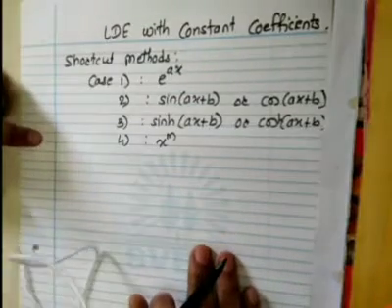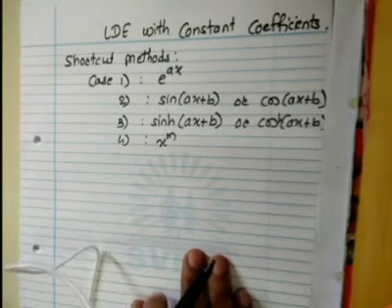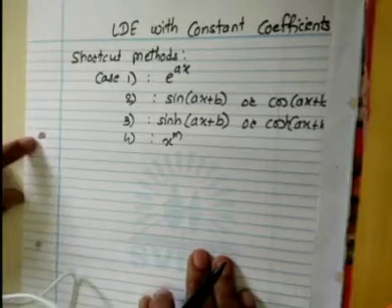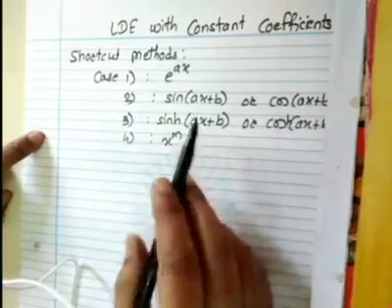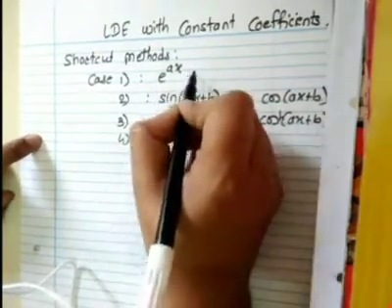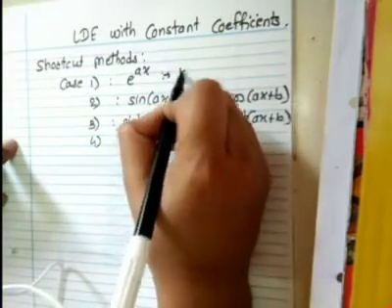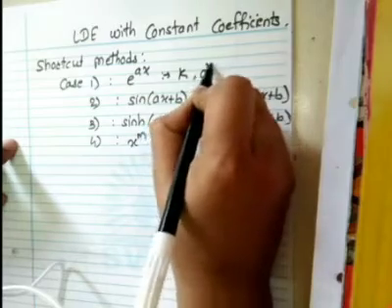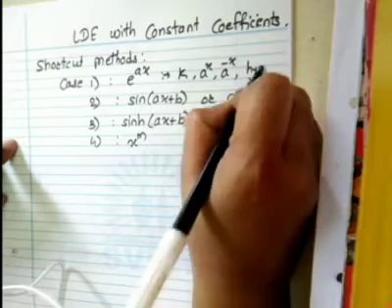Then we need to find the particular integral, which is defined as 1 upon phi(D) into f(x), where to solve by shortcut methods there are 7 cases. In that, the first case is e raised to ax. In that, we have seen some subcases. Subcases are constants, a raised to x, a raised to minus x, and hyperbolic functions.